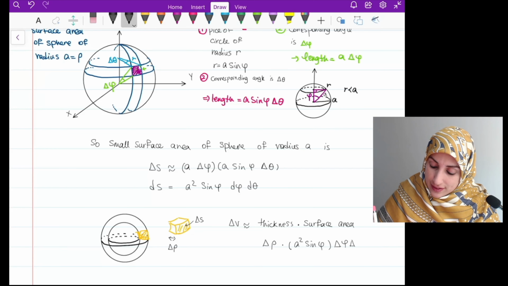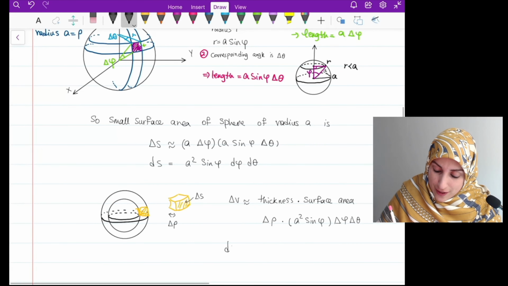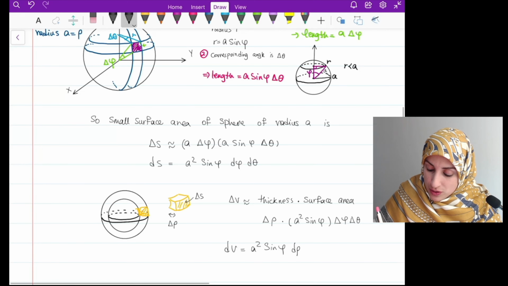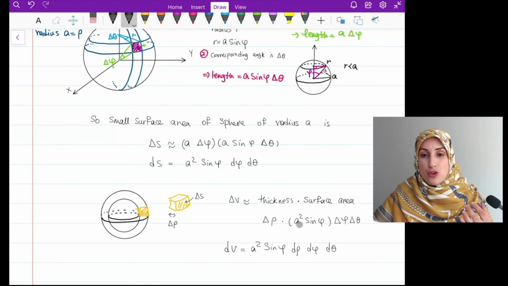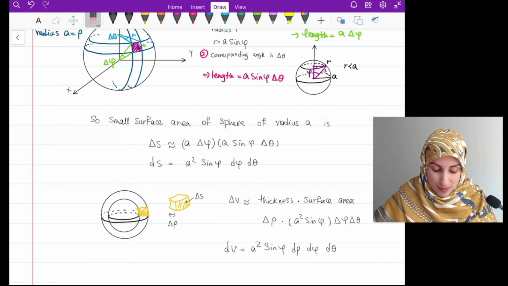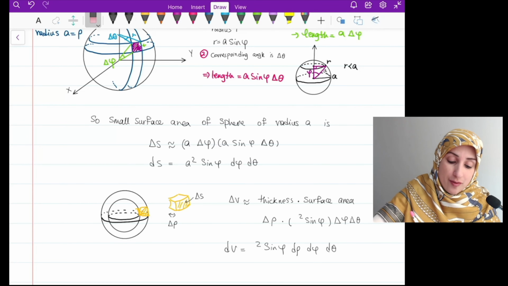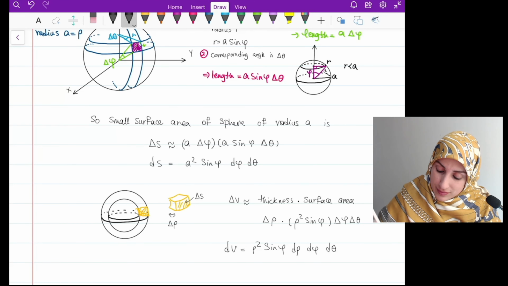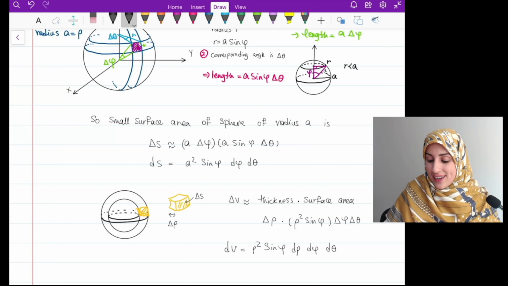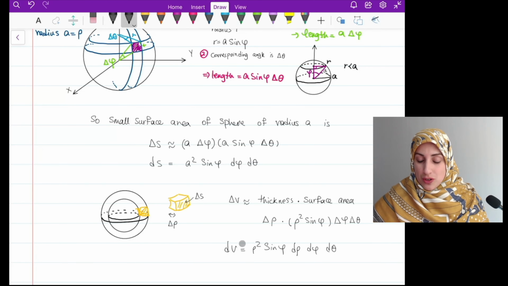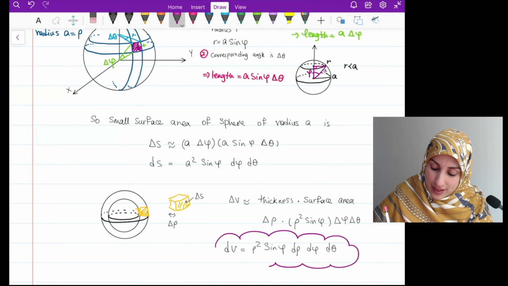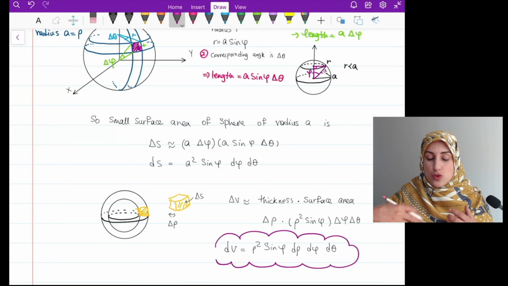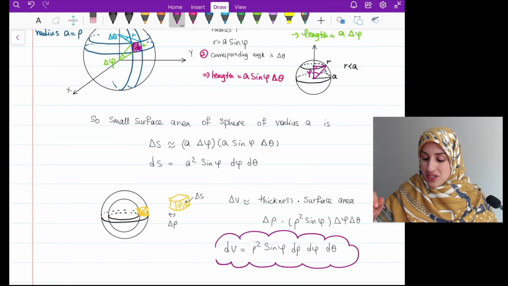Therefore, dV would be A squared sine phi d rho d phi d theta. And pay attention that in here A would be the radius of the circle, so instead of A, I'm gonna have rho, because the sphere is not fixed, right? The sphere has the radius rho. So dV would be rho squared sine phi d rho d phi d theta. That's the element of the volume that we need to put inside our triple integral to solve the problem.